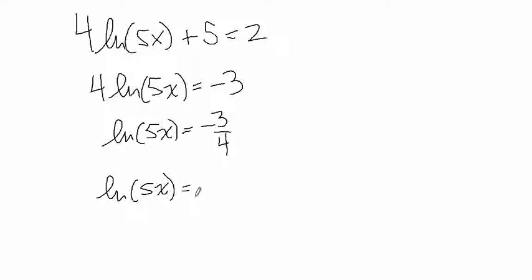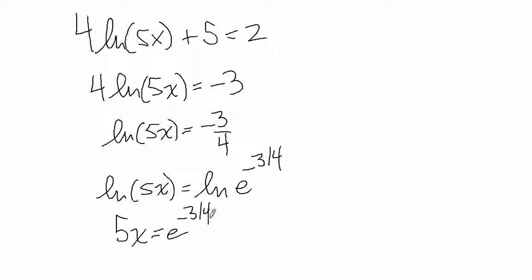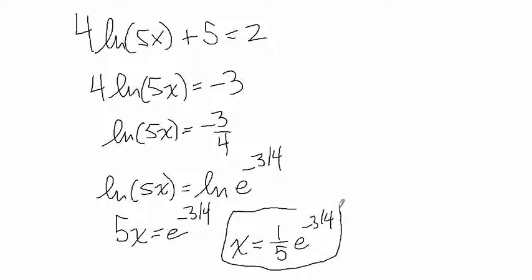So that would be the natural log of e to the minus 3/4. Therefore, 5x equals e to the minus 3/4. And so x is 1/5 e to the minus 3/4. Okay, and once again, make sure you plug that in and see that indeed that satisfies the original equation.